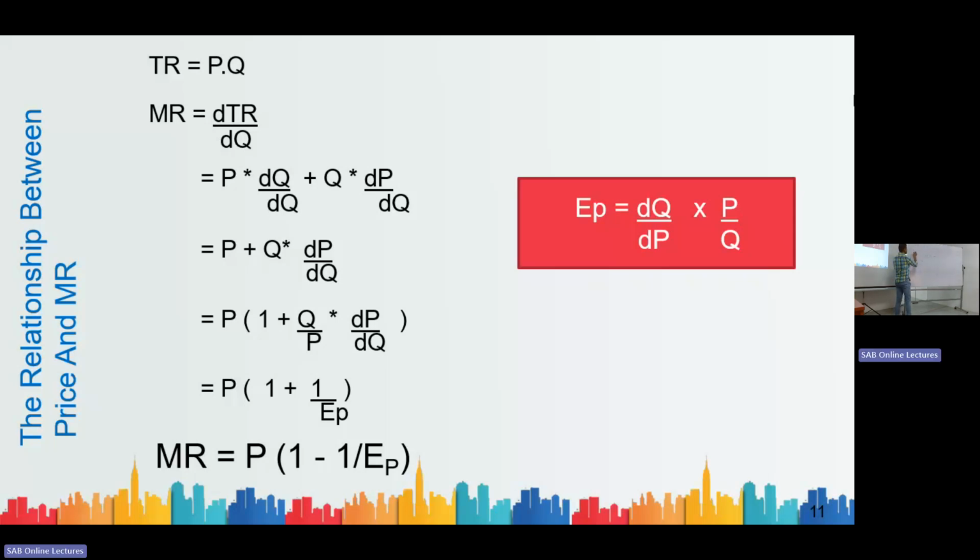We call it unit price elastic. Demand is unit price elastic.